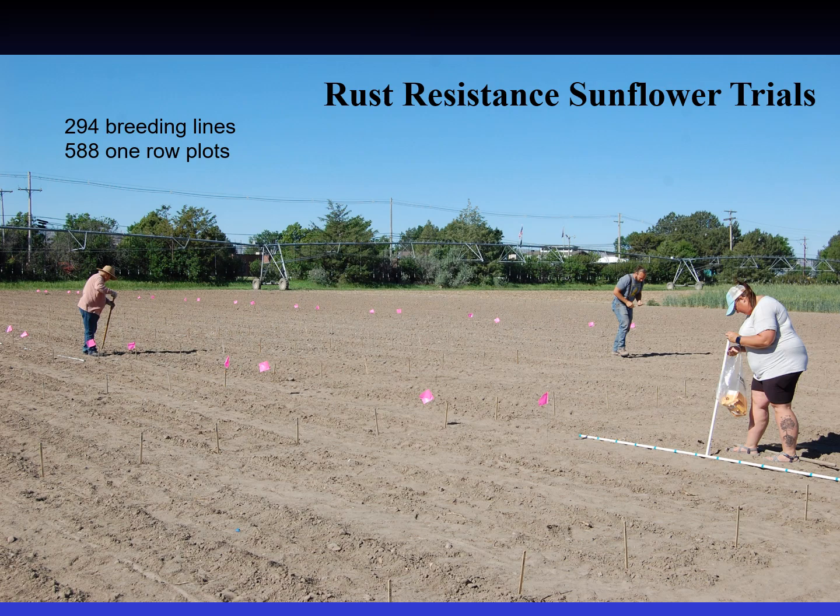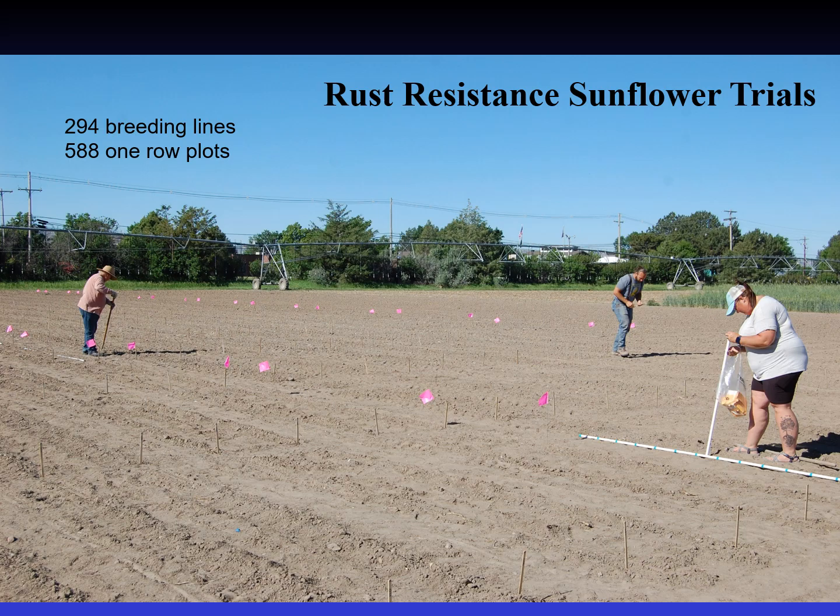Okay, here's the study we were doing, and this is where they wanted to find out from the USDA whether they had any new breeding lines that had any rust resistance. So that's what this test was, and it included almost 300 breeding lines with 2 reps per treatment.